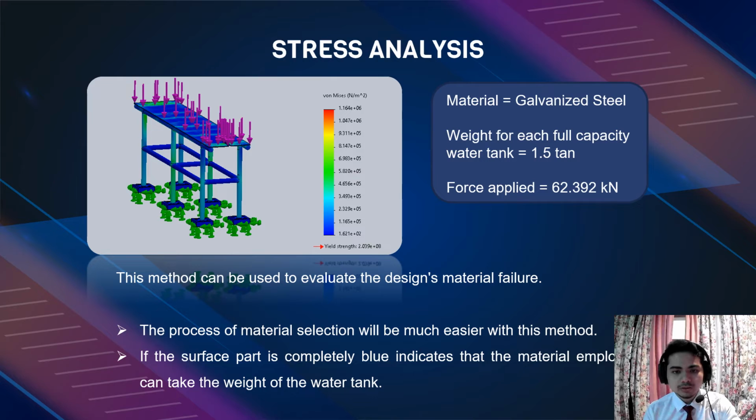So, the total weight force for 4 water tanks on the stand is 62.392 kN. And the process of material selection will be much easier with this method. If the surface part is completely blue, it indicates that the material employed can take the weight of the water tank.